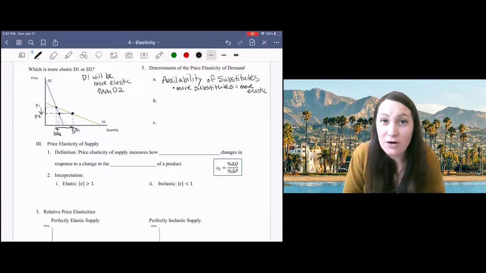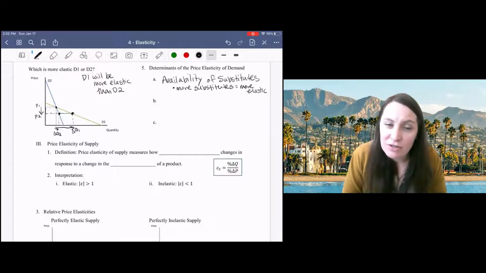This also means that broader categories of products will have less elastic demand than specific products within that category, simply because the specific product will have more substitutes. For example, a specific brand of breakfast cereal will likely have very elastic demand, because if the price increases, consumers can simply switch to a different brand, maybe a totally different type of cereal, or maybe toast.